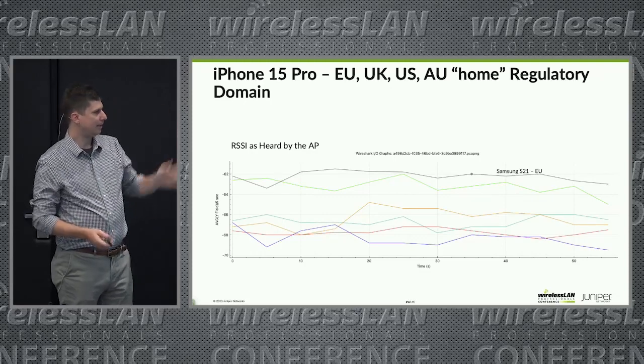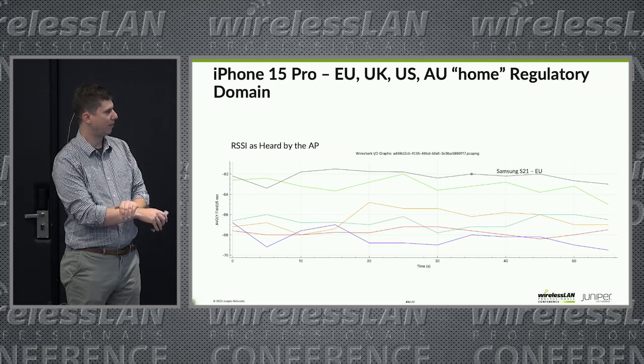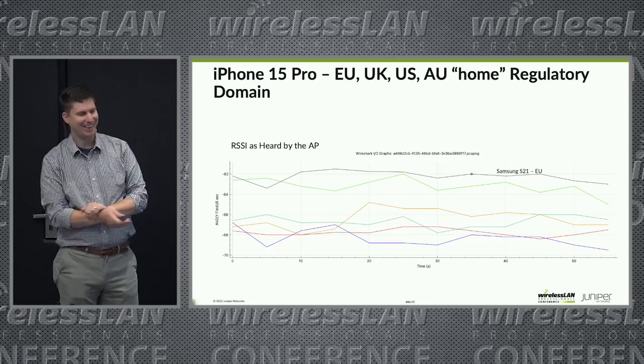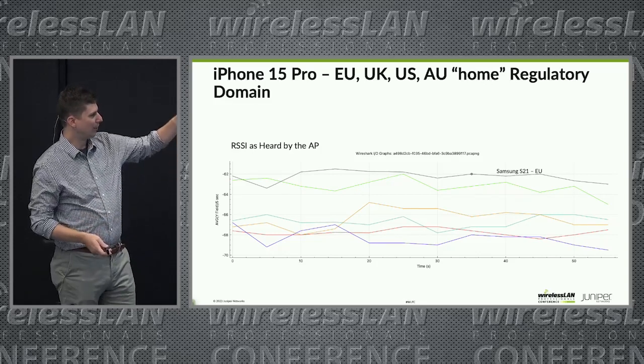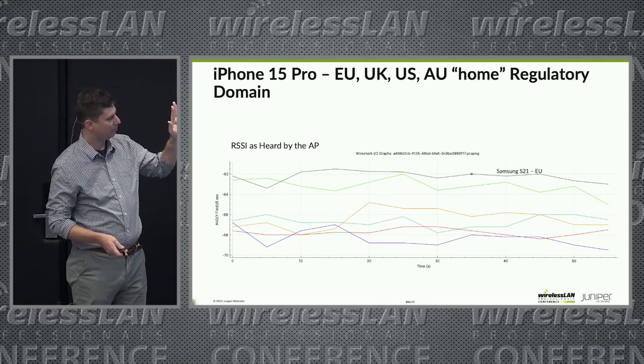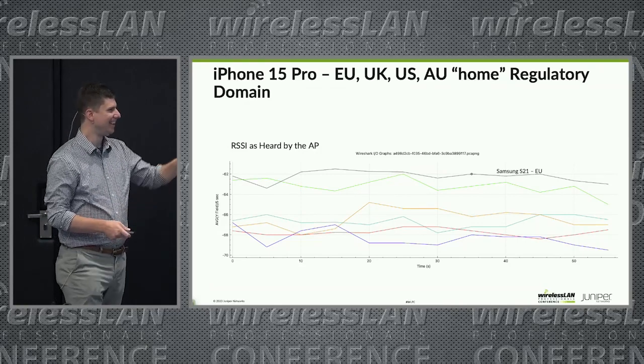So last night, after the deep dives, a few of us happened to have iPhone 15 Pros. And so here is 1, 2, 3, 4, 5. There's 5 iPhone 15 Pros in here and 1 Samsung S21.